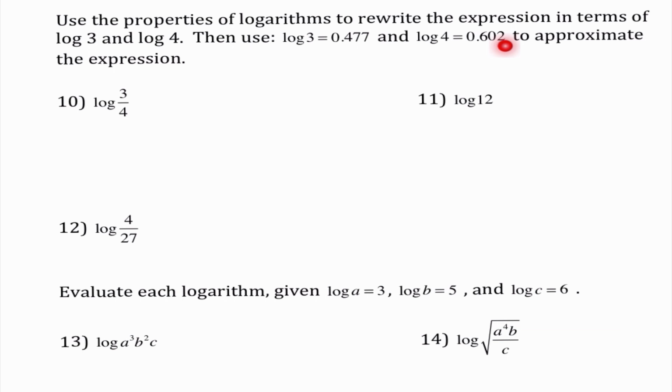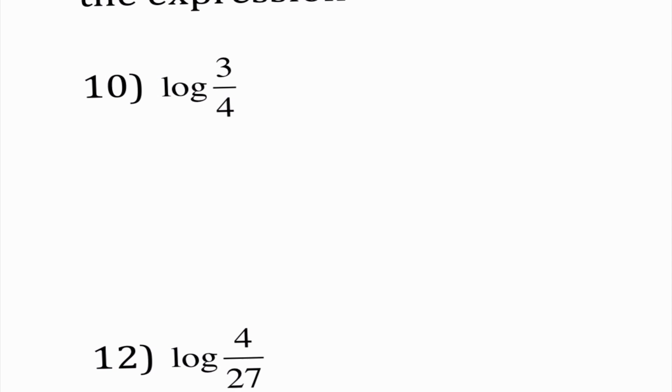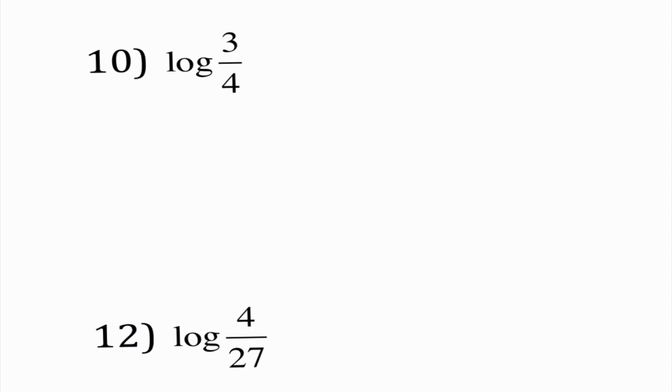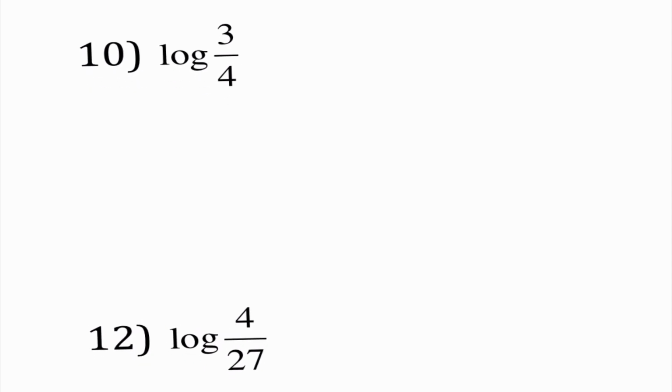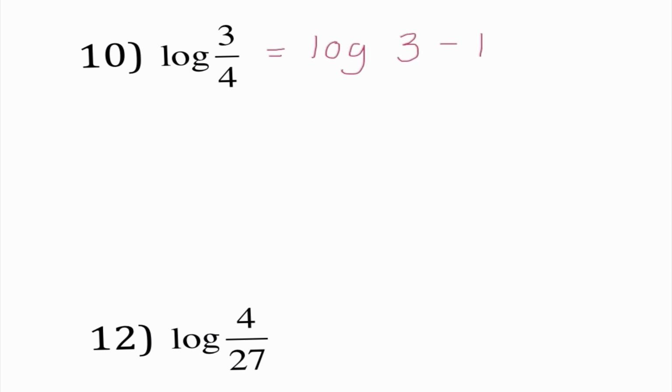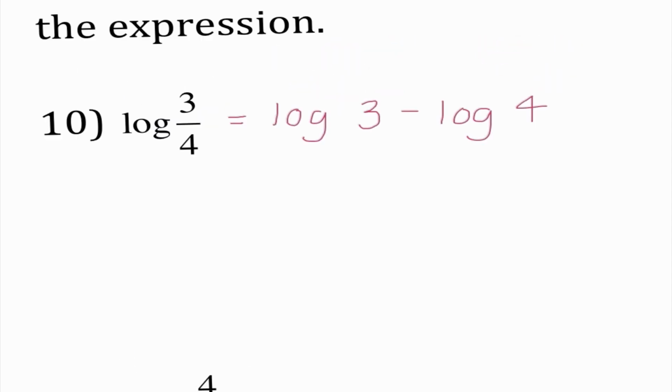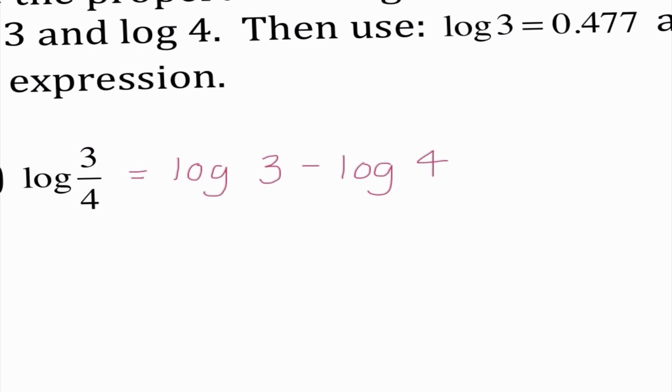So we're starting off with actually kind of an easy one here. Number 10 is log of 3/4. If I'm expanding it, this could be log of 3 minus log of 4, because I know that division means subtraction. So now I have it in terms of log of 3 and log of 4, and I'm going to substitute in those values.